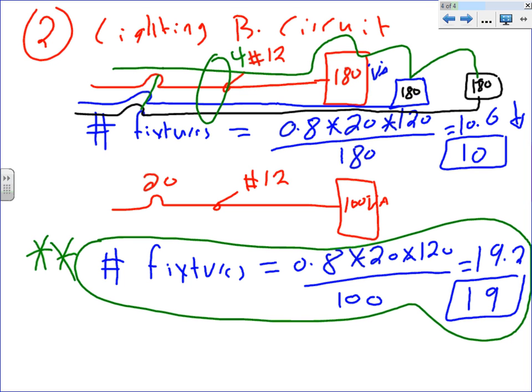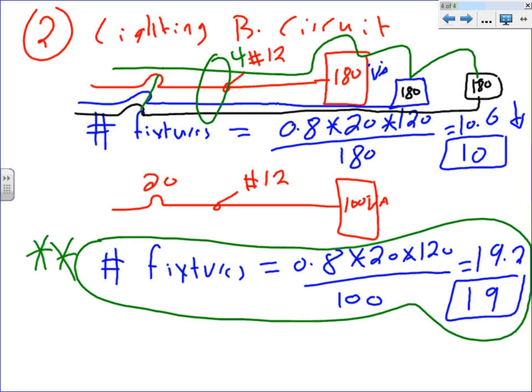The window air conditioning cannot be more than 50% of the circuit size. So if your circuit is 20, the largest window air conditioning you feed from it is 10 amps, if it's sharing a light or receptacle with it. And if it's not sharing, if it's a dedicated circuit, a dedicated receptacle for it, it's 80%.